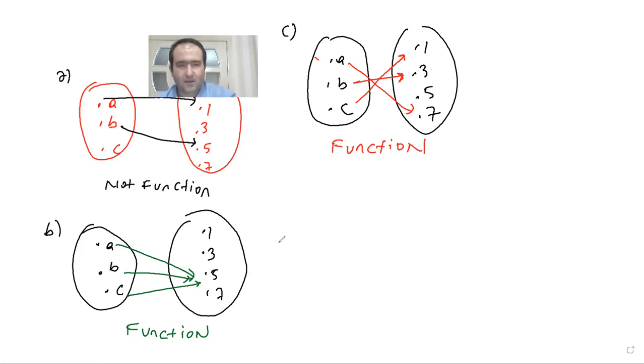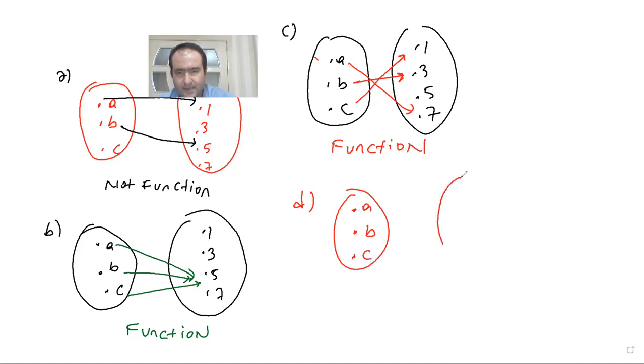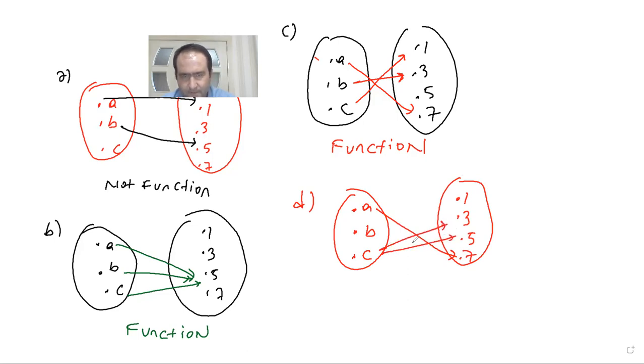So another example. For example, this is A, this is B, and this is C, and 1, 3, 5, 7. A goes here. C goes to 3 and 5, and B goes to 1.